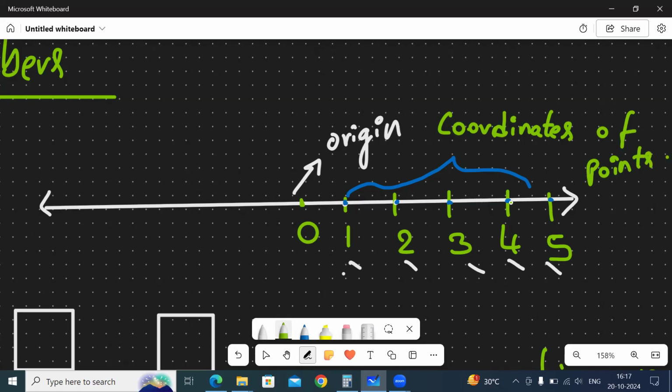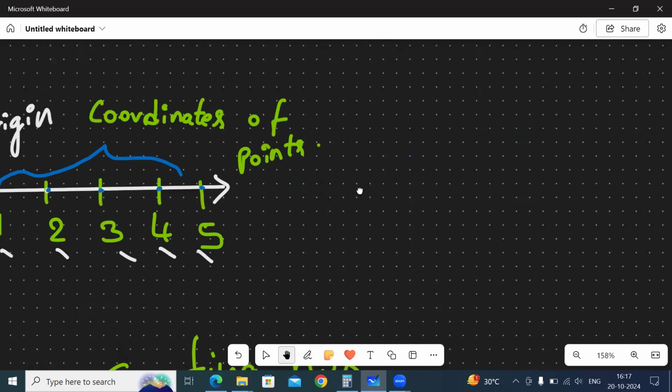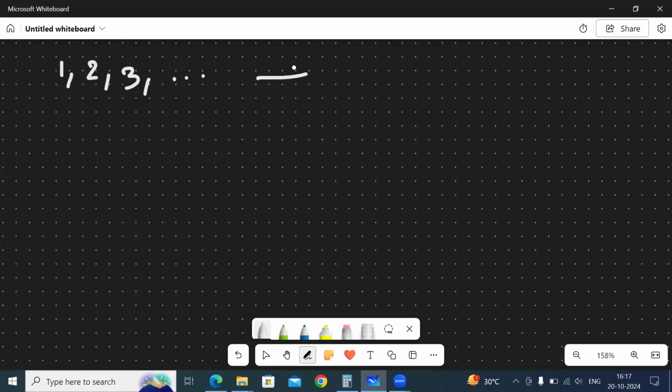So the major difference that I want to make pretty clear is this: if you are counting any objects starting with 1, 2, 3, and so on, then these are counting numbers or natural numbers.